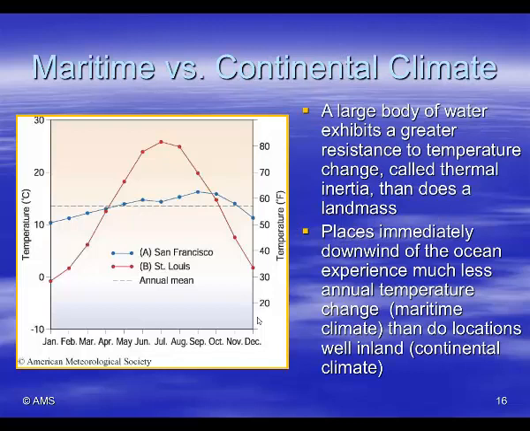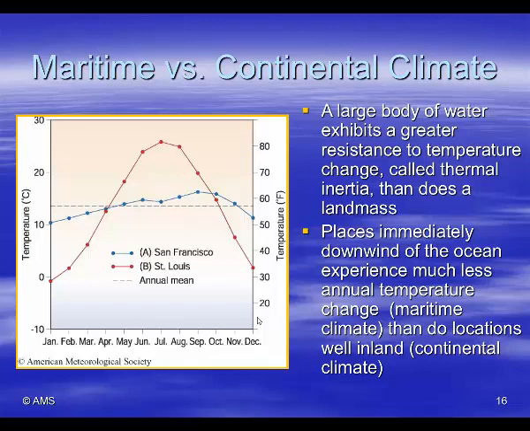If we look at two cities that are at the same latitude, roughly, San Francisco and St. Louis, we see that if we look at the temperature of those cities over a year, there's a big change in St. Louis, whereas in San Francisco, there's a much smaller change.